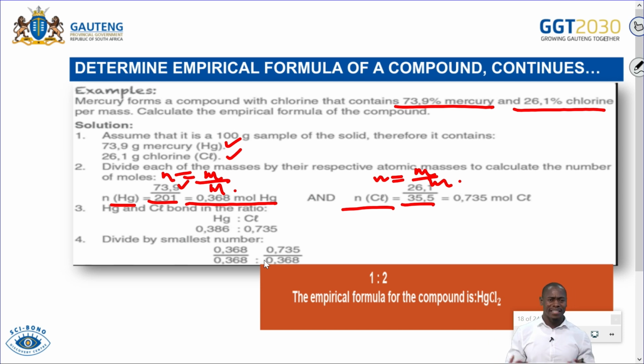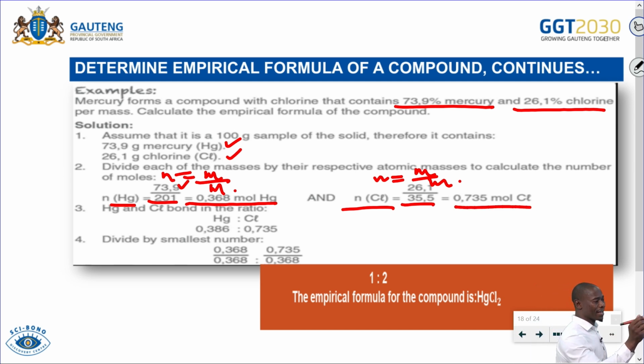Yes, we know it is a diatomic molecule, but how many chlorine atoms are present in one molecule of this compound that we are trying to find, right? So we don't even know. So hence, we have to take that relative atomic mass of that element as it is from the periodic table. So what we are having as the number of moles of chlorine is 0.735 mole, right?